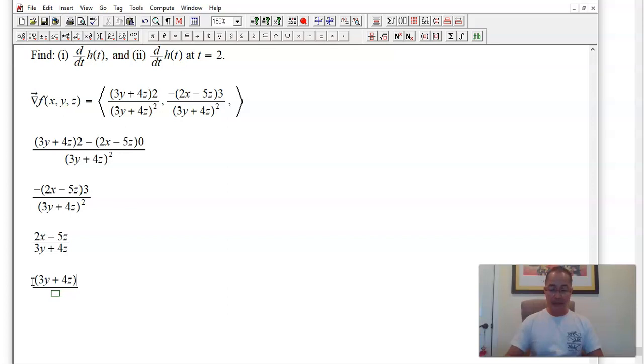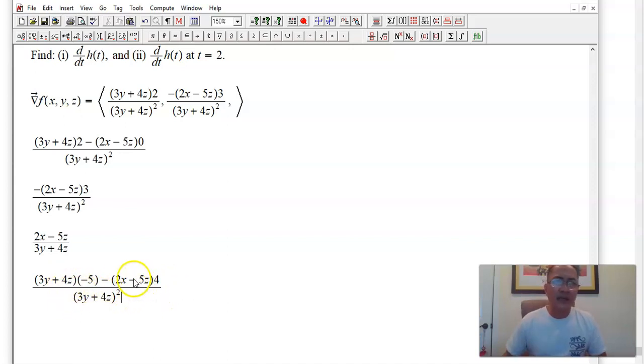D high is -5, remember this is with respect to z, minus high, that will be just the numerator, minus high, d low is going to be 4, square the bottom, same bottom, and away we go.